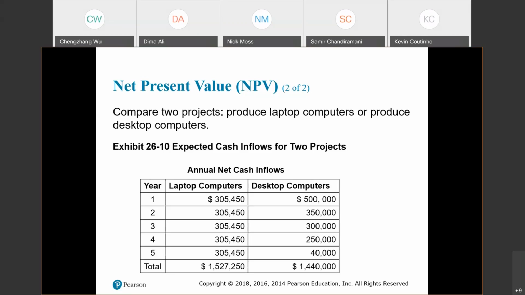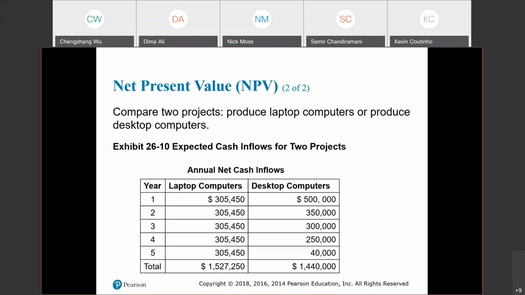The projects each require the purchase of one specialized machine. Each machine costs $1 million, and it has a 5-year life with no residual value.